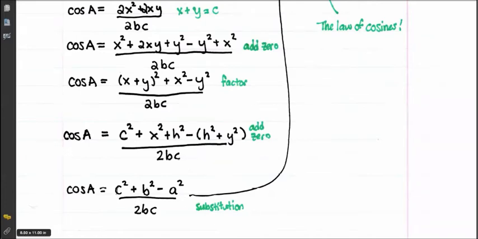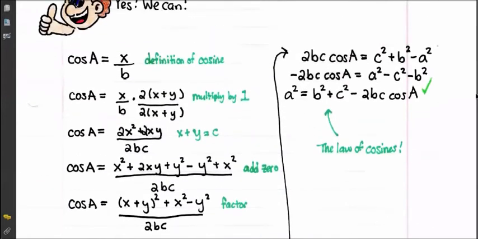So now I have c squared plus b squared minus a squared over 2bc is equal to cosine of angle A. Now I multiply the 2bc up to the other side, and I have 2bc times cosine angle A equals c squared plus b squared minus a squared.